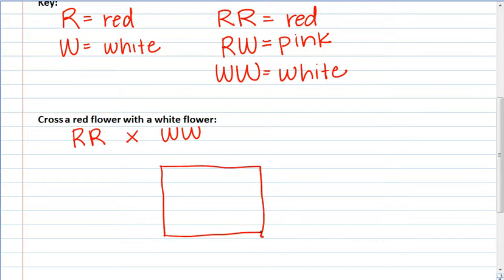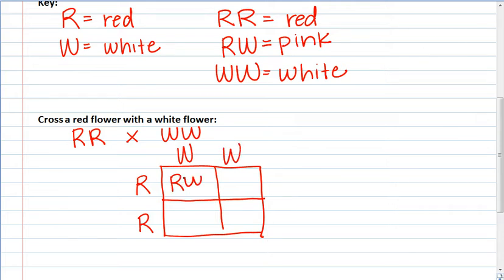In our Punnett square, we are going to want to write the alleles, or the gametes, for one flower here and the other here. So I'm going to put this first one here, R and R. They are going to pass down either a big R to their new seedling or another big R to the seedling. The other flower would pass on a W or a W.